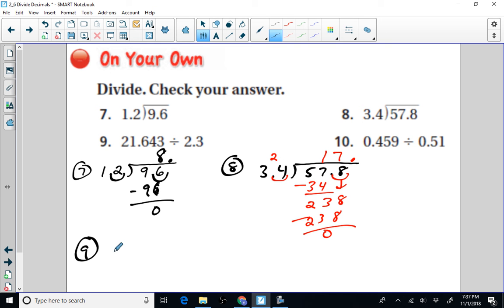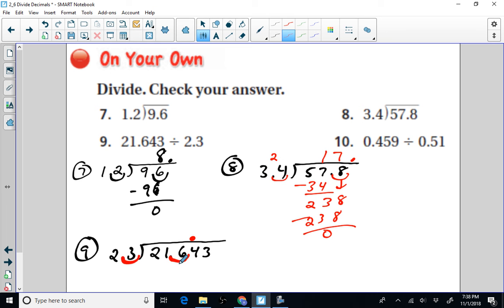Problem 9. 2 and 3/10 into 21 and 643 thousandths. Slide the decimal point 1 place to the right in our divisor, 1 place to the right in our dividend. Decimal point goes into the quotient. 23 can't go into 21, but it goes into 216.